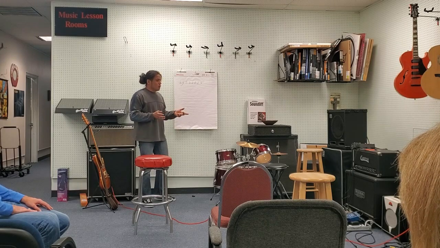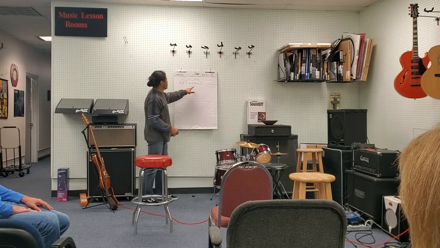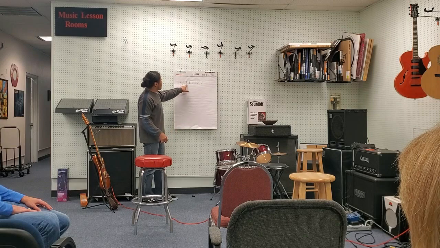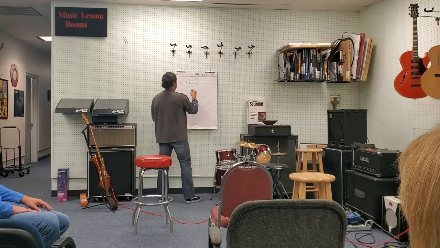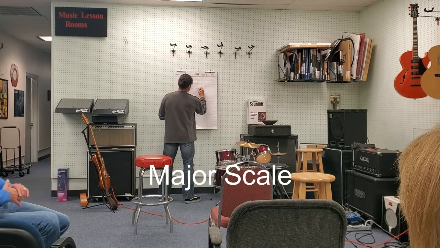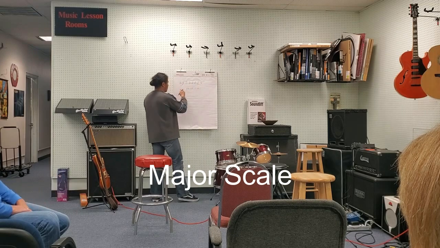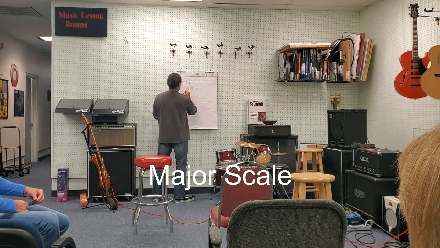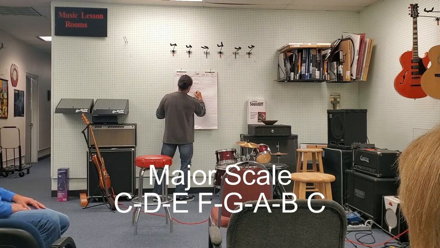So in the key of C, all I have to do to turn this into a C major scale is reorganize these notes in such a way that the first note is C. Because we're going to talk about the major scale, now we have the same letter names, but we're organizing them from C on. So we have C, D, E, F, G, A, B, C.